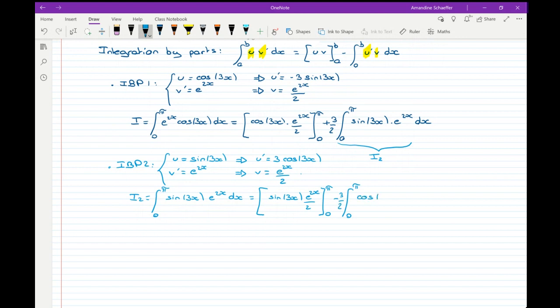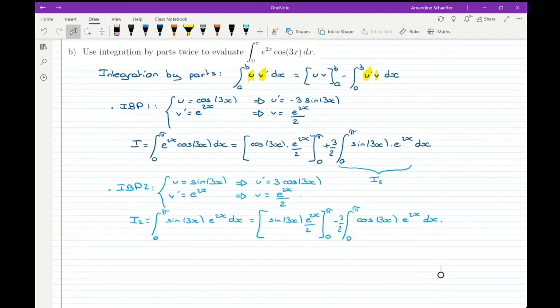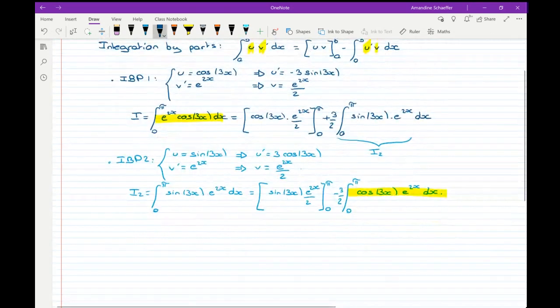So cos of 3x exponential 2x, and that's where you see the beauty. And you see how you're going to end up solving this. Because this is actually the same thing as this. Okay, so this is our integral we had at the start. So this is actually just I.